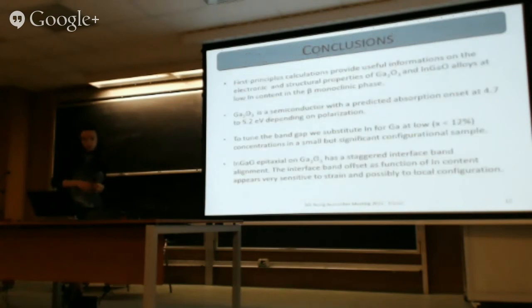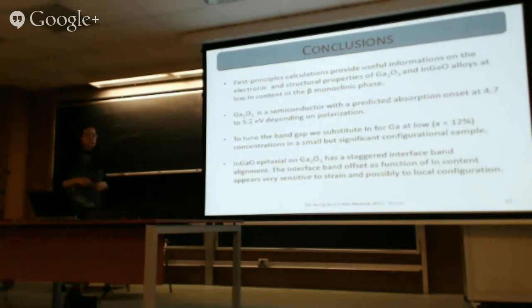In conclusion, the first principle calculation provides useful information on electronic and structural properties of the gallium oxide and alloy. The gallium oxide is a semiconductor with a wide gap of about 5 electron volt that depends on the polarization.